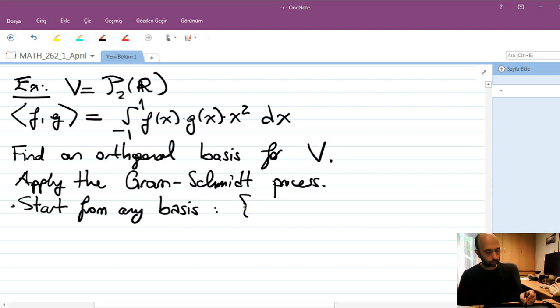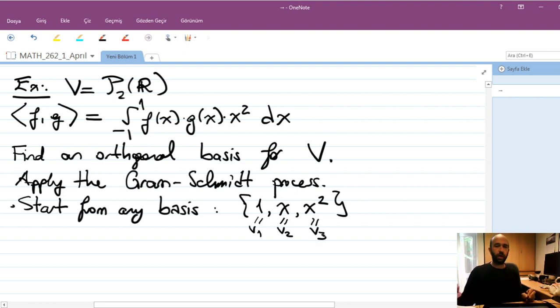Why not take the standard one, 1, x, and x squared to start with. And also let's give these names v1, v2, and v3. All right. Now, how does this Gram-Schmidt procedure go?